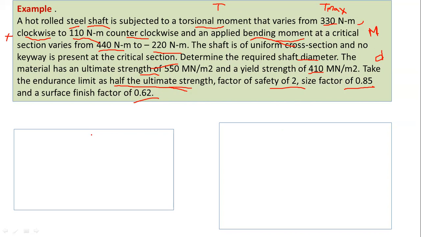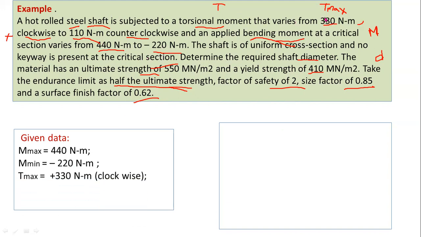From the given question, maximum bending moment equal to 440 Newton meter, and minimum bending moment equal to minus 220 Newton meter. Maximum torque equal to 330 clockwise. For clockwise, you have to consider positive side, 330 Newton meter, and minimum torque equal to minus 110 counterclockwise. For anti-clockwise, you have to consider negative side.